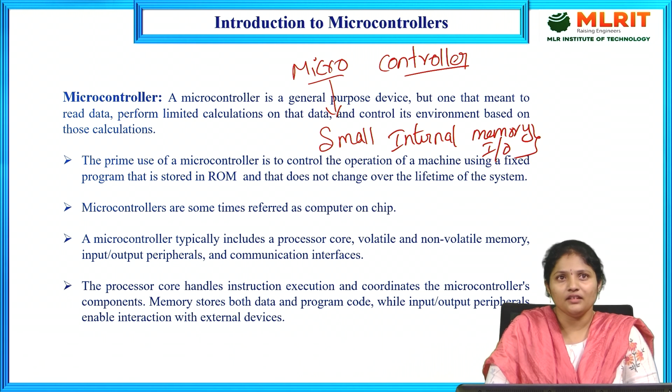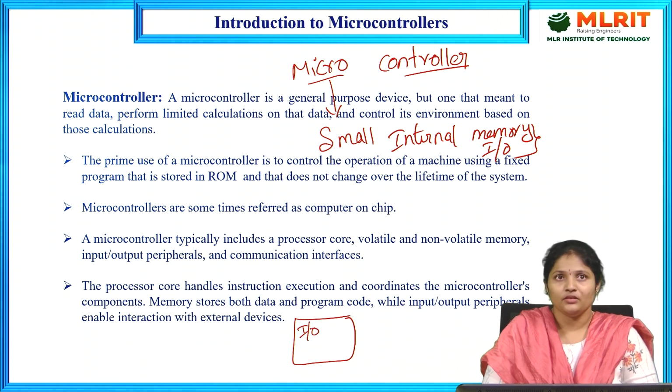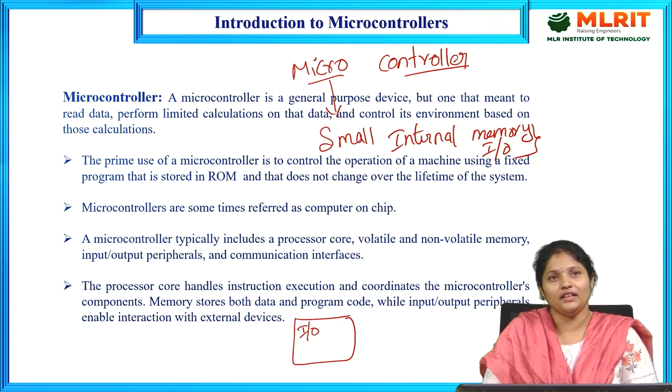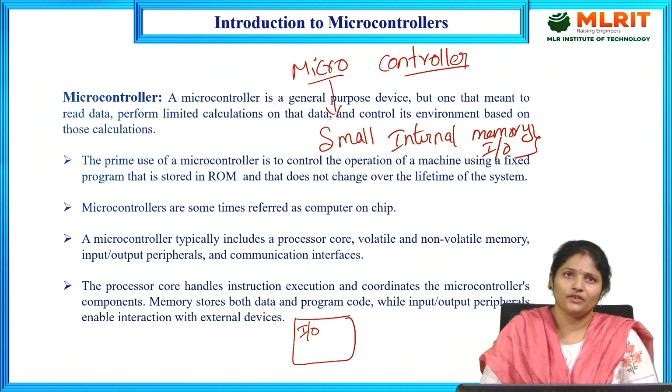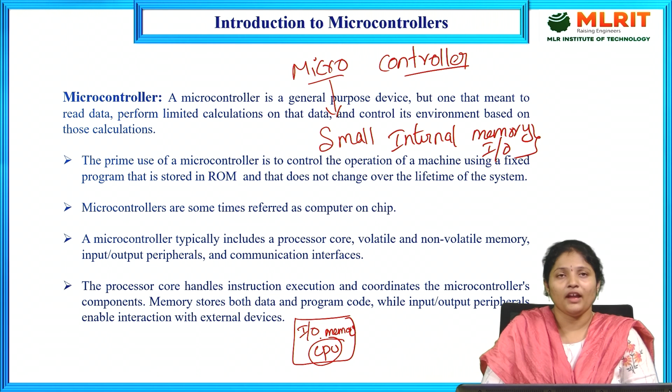If we consider the microcontroller, in the same chip it has input-output ports, which can take the data from the input sources and present the data to the output peripheral devices, and it has the internal memory along with the CPU, along with the processor. So you can say that a microcontroller is a computer on a chip.